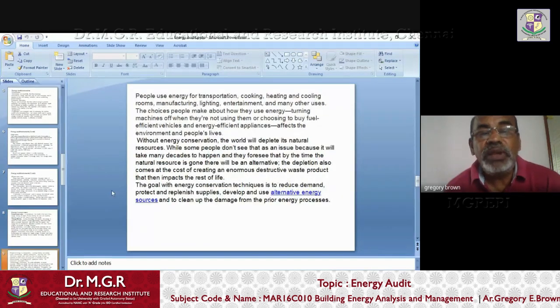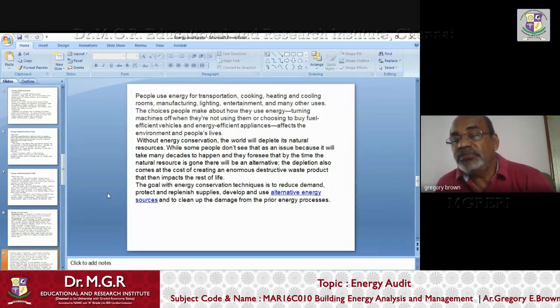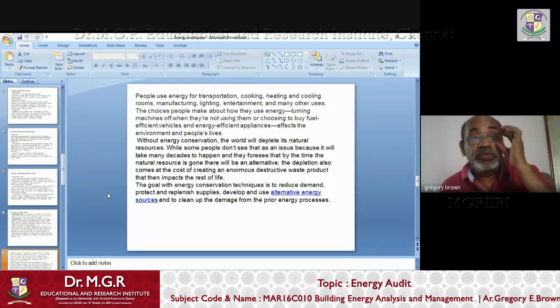So people use energy for transportation, cooking, heating, cooling rooms, manufacturing, lighting, entertainment, and many other uses. The choices people make about how they use energy, turning machines off. See, this is conservation.